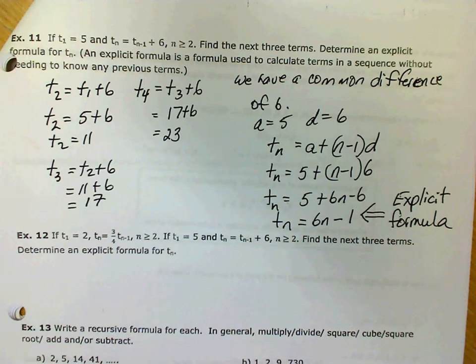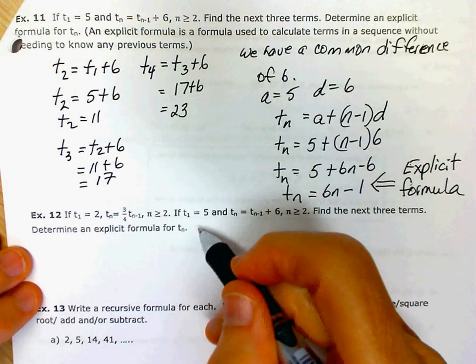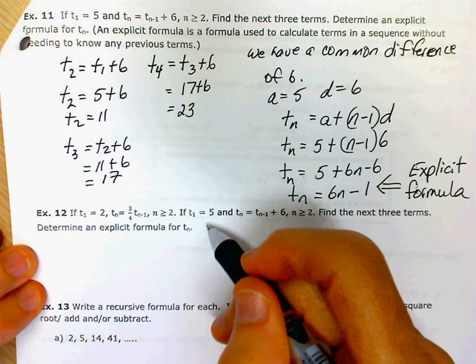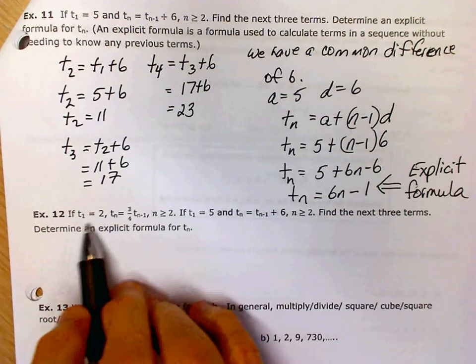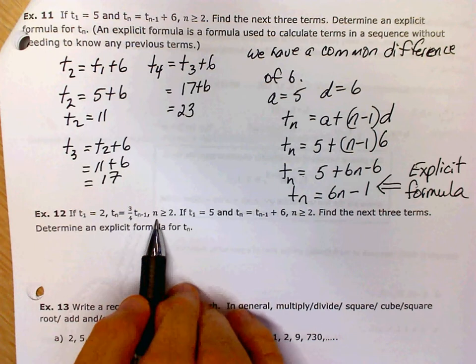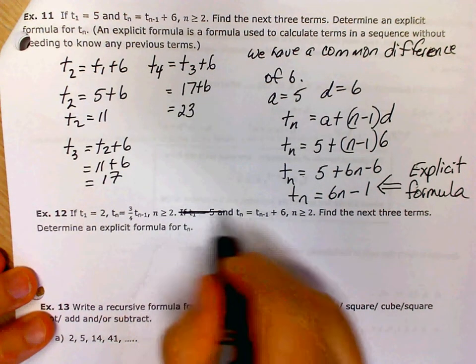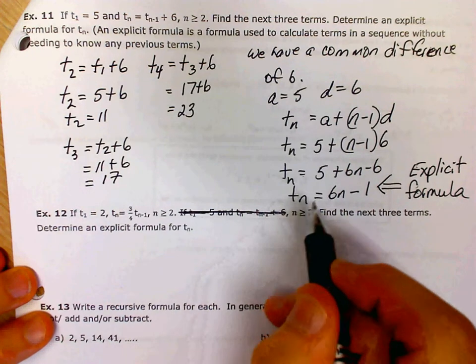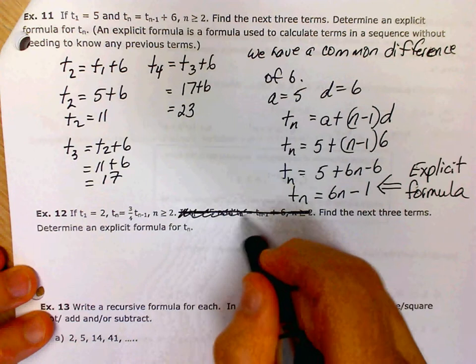Now, this is harder. This one I'm going to skip because this involves a geometric sequence. We have T1 equals that, Tn equals 3/4, and n is greater than or equal to 2. I think we have to chop this out. It's a typo from the previous question, so just block that off.